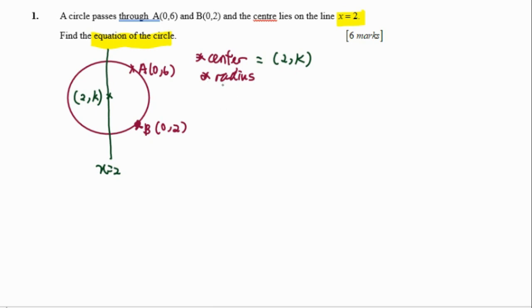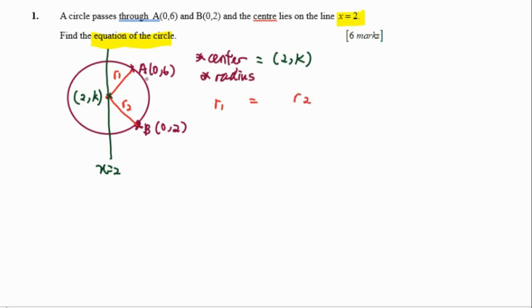By using the radius concept, we join the center to the points. The distance between the center and a point on the perimeter becomes the radius, so both distances will be equal to each other.